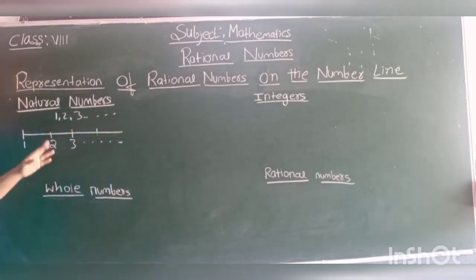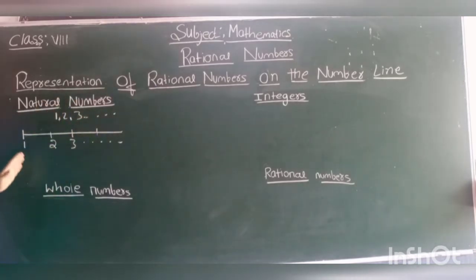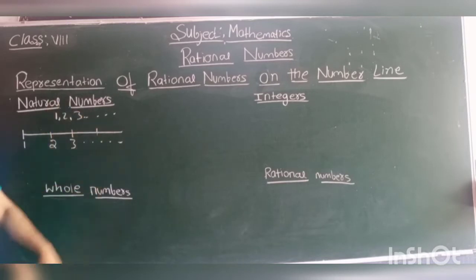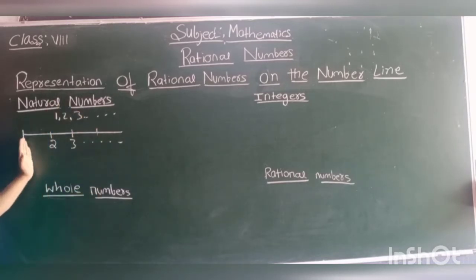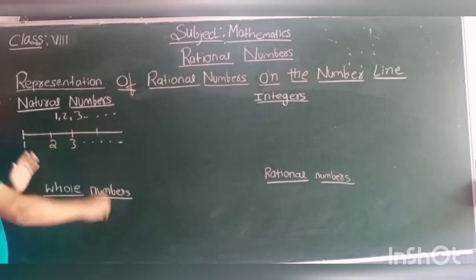Here the line can be extended to the right of 1. There are no numbers to the left of 1. The line can be extended indefinitely to the right of 1.